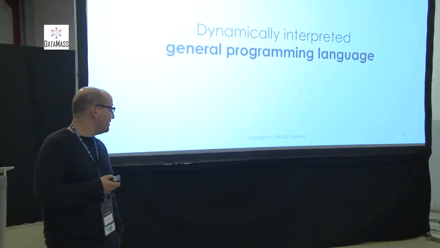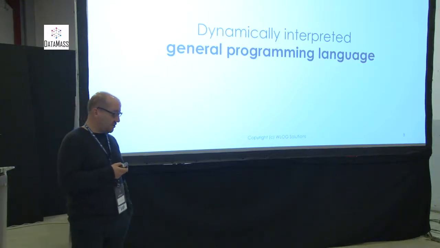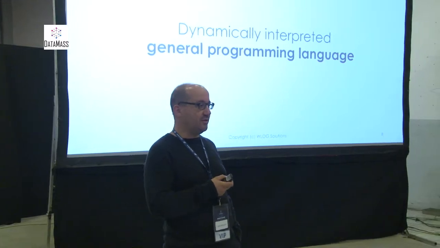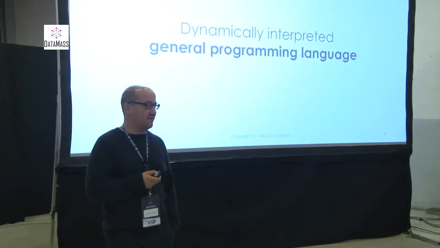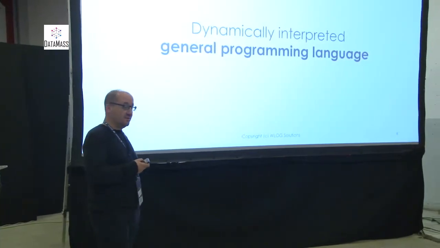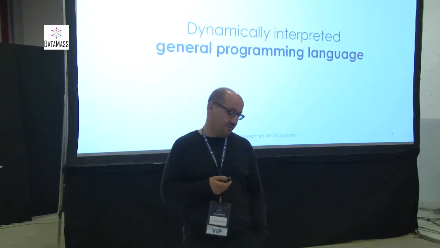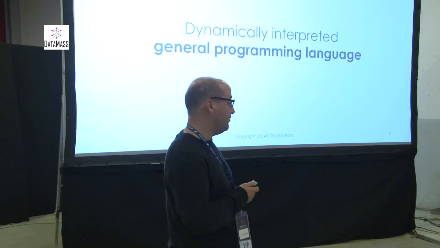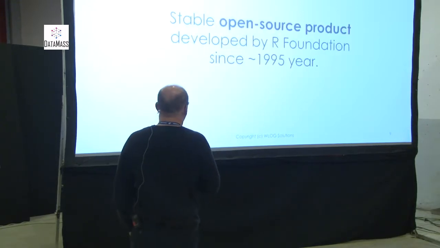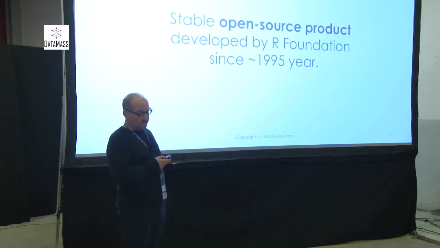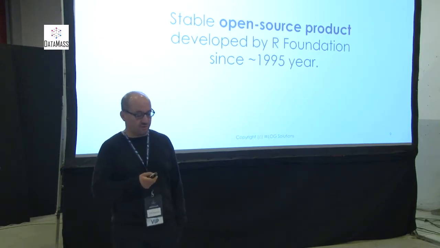My friend, who is a very experienced programmer, says that it's not design that makes a language popular. So you can have a very poorly designed language, yet it can be very popular. So R is a dynamic programming language. What is more important is that it's an open source product, a very stable product.